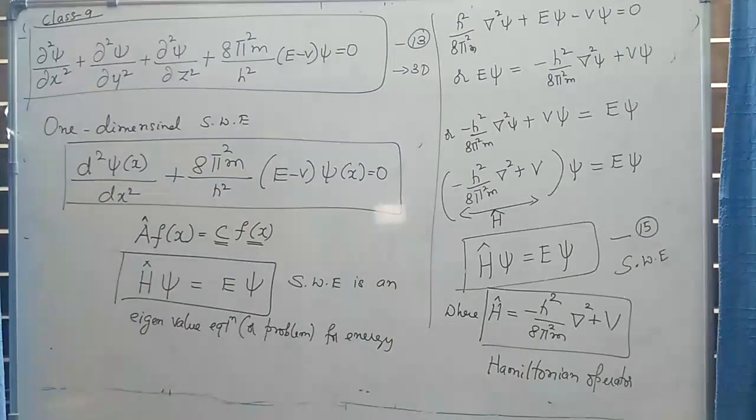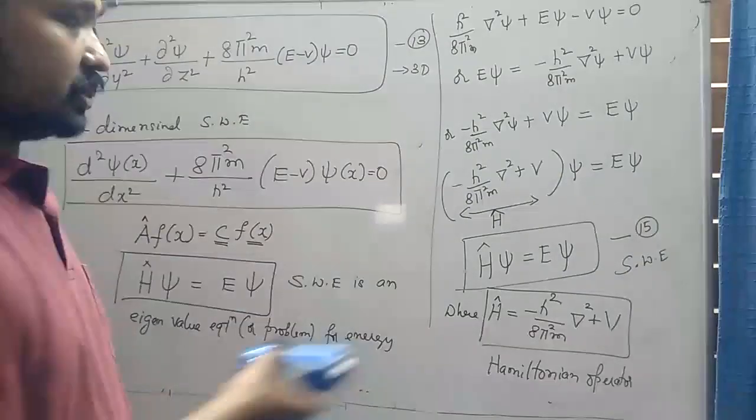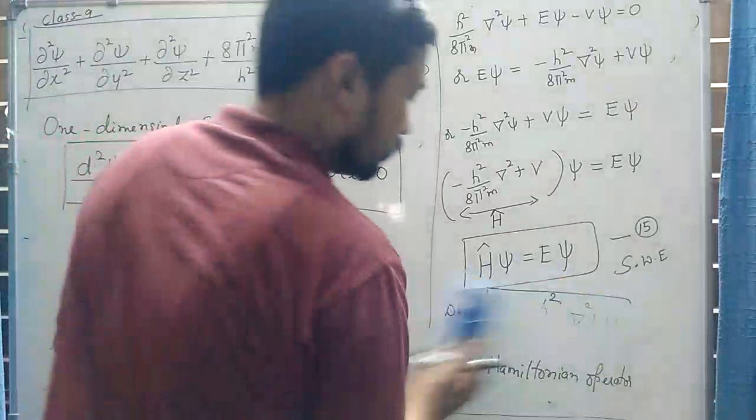Okay, so now we will focus a bit more on this Hamiltonian operator. It is a very important operator in quantum mechanics. It is a linear operator as well as a Hermitian operator. Let me write this equation again.